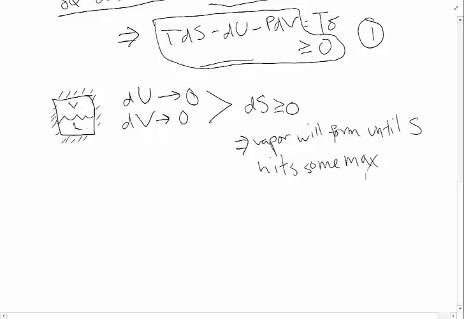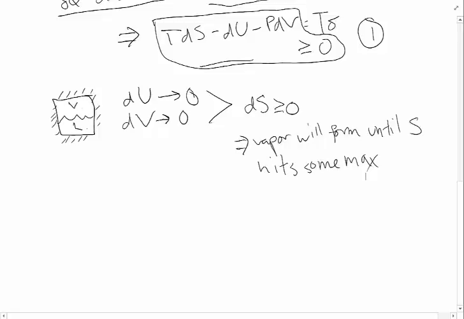Okay, so that means that as this equilibrium is happening, as the liquid and vapor are trying to figure out where they're going to be in this phase equilibrium, the system will continue to change in a way that causes the entropy to rise until the entropy stops rising. And once it hits that maximum value, that's where the stable equilibrium is going to happen, because that's the point when this equation will stop being greater than or equal to 0. Okay, so this equation said this is what happens.